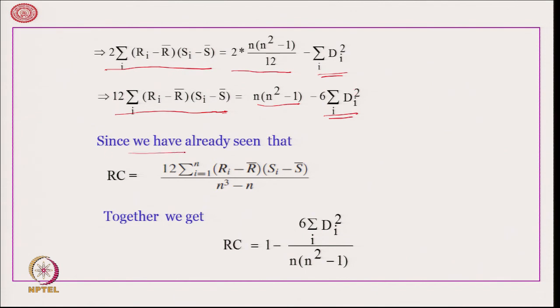Since we have already seen that the rank correlation is equal to 12 into sigma (Ri minus R bar) into (Si minus S bar) divided by n cube minus n, together we can write that the rank correlation is equal to 1 minus 6 times summation di square upon n into (n square minus 1).